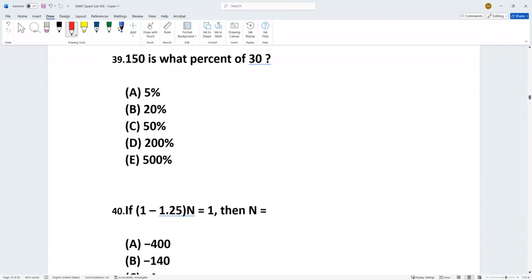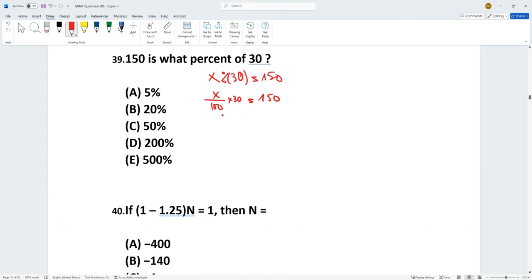So simply, x percent of 30 equals 150. This means x over 100 times 30 is equal to 150.